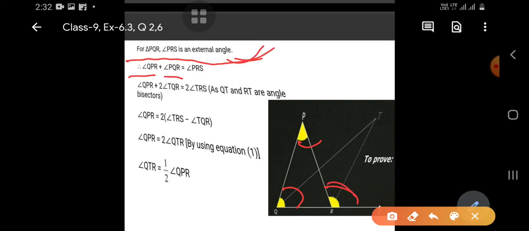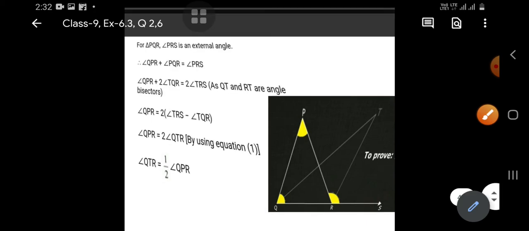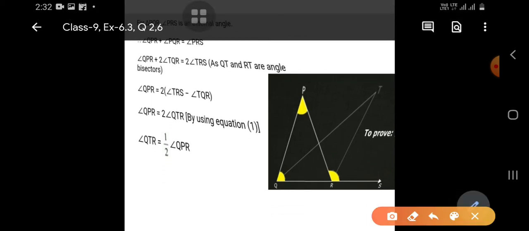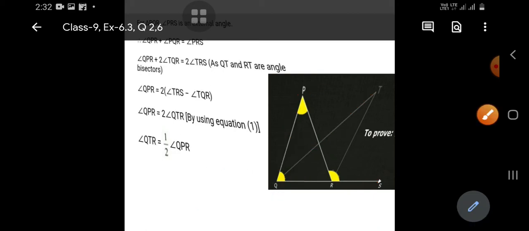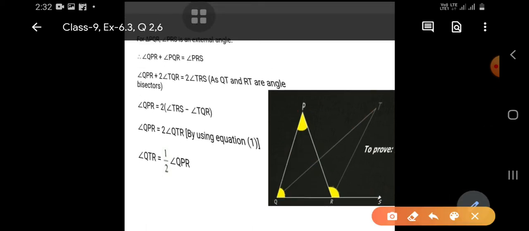Now here you have to understand some lines. As this is the angle bisector, if this is X, then this will also be X, and I can write angle PQR as 2X, isn't it? So X is angle TQR, so the value of angle PQR can be written as 2 angle TQR.